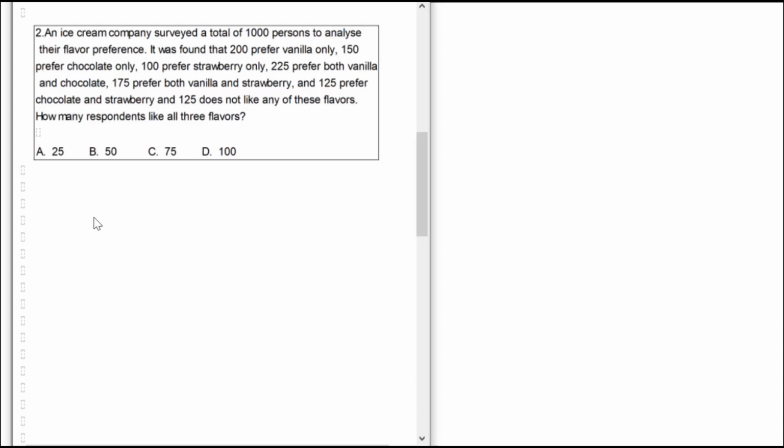So this time we have an ice cream company who surveyed a total of 1,000 persons to analyze their flavor preference. So each of those respondents, they mentioned what flavors they like, and we have the results like this.